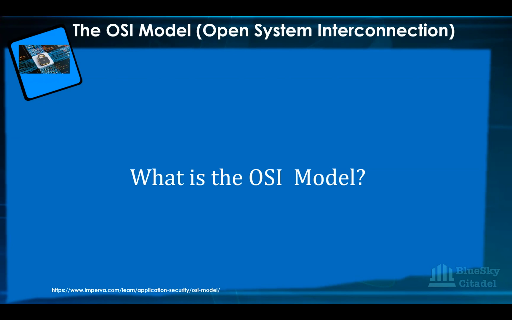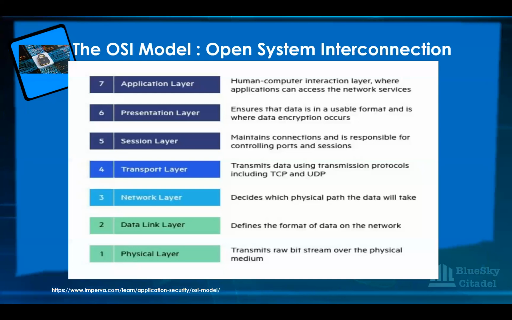From my research, it was introduced around 1983 and also adopted by ISO as an international standard in 1984. However, this OSI model is just used to understand how different parts of a network communicate with each other.